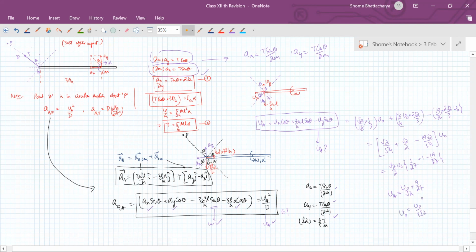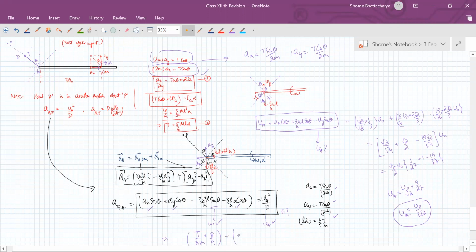So this is what I am getting. You can just check once. Okay. So now this equation becomes like this, that t by 2m sine square theta. So that will become 8 by 9. Okay.